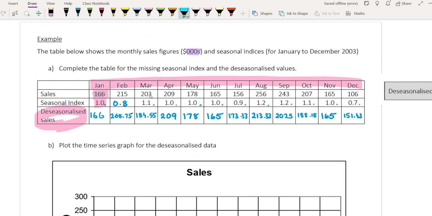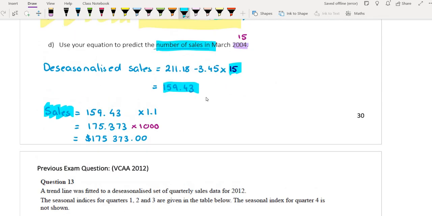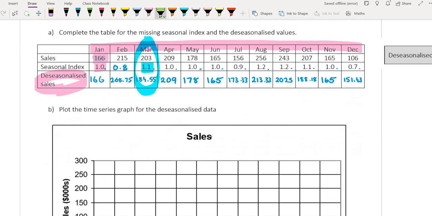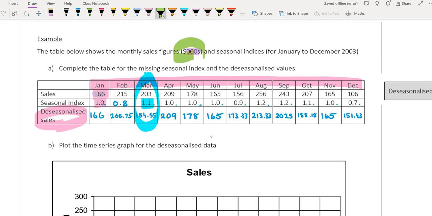So we're making a prediction about March at the moment. So the seasonal index for March is 1.1. So we multiply that on top of the prediction that we made, and then that's going to give us the actual value. We're multiplying by 1000 here as well, only because the sales was in thousands.